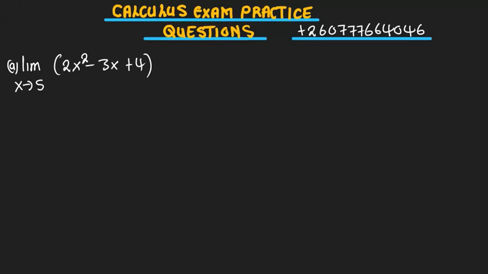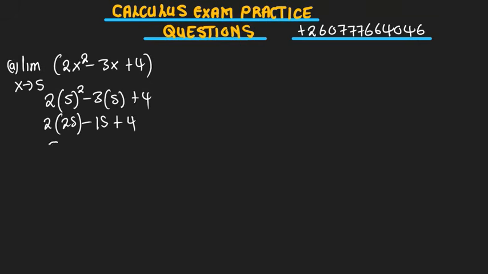Well, the best way to solve this, or the simplest way, is simply to introduce your 5 where there is x, because this is a direct question. Then from there, you're going to have 2 times 5 to the power 2, which is 25, minus 3 times 5, which is 15, plus 4. This is going to be 50 minus 15 plus 4.